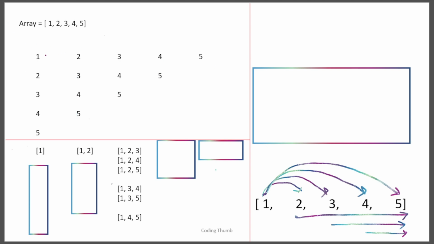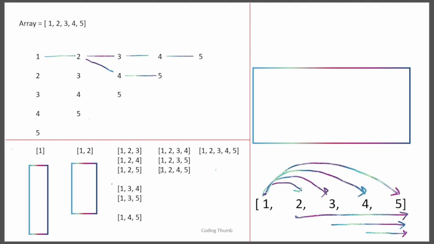So my path could be 1 to 2, 3, 4, 5, and this becomes one of my combinations. Or I can do 1 to 2, 4, and 5. So this could be one of my combinations, 1, 2, 4, and 5.